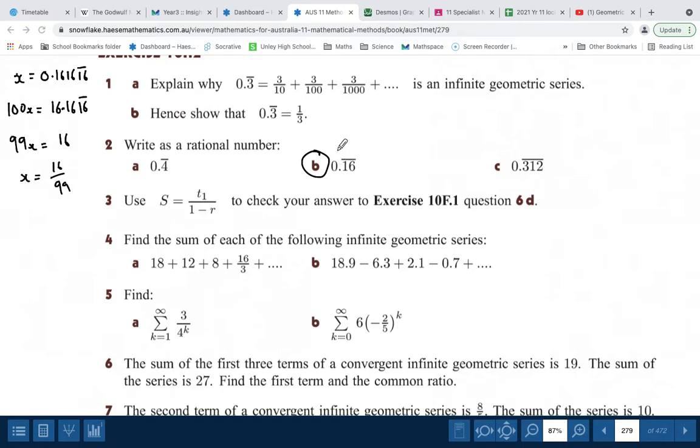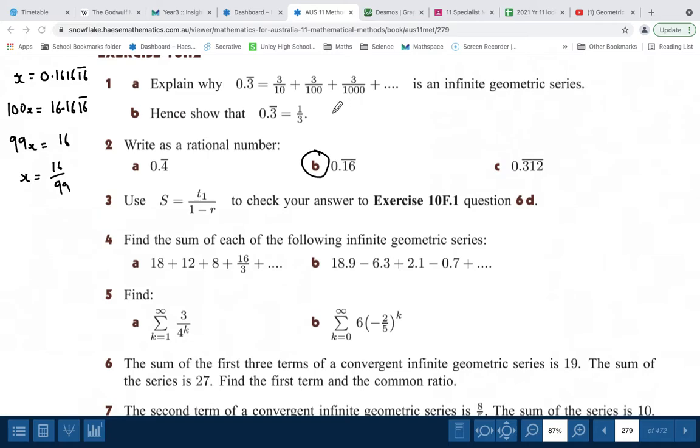Okay, but we could also think about this using geometric series, because we could write the 0.161616 recurring as they've done up here.